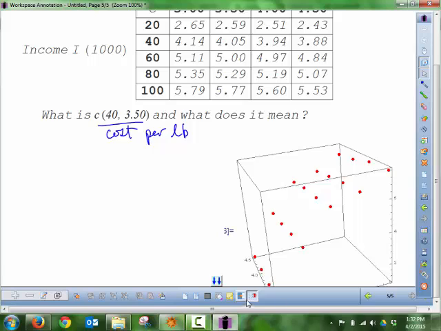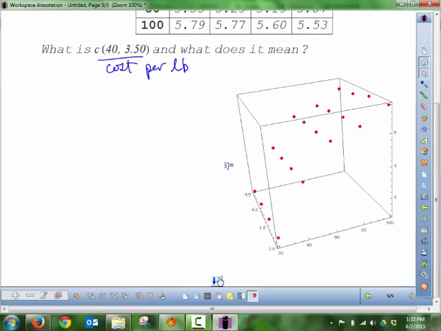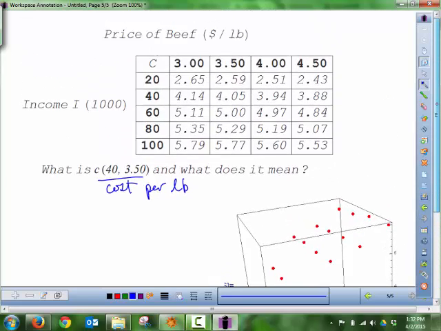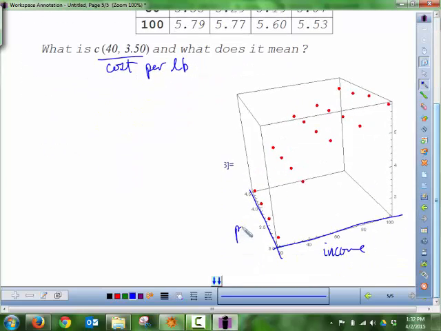And then I guess we should label the axes. This axis over here looks like it's the income level. And this axis over here looks like it's the price. And the height over here is the cost.